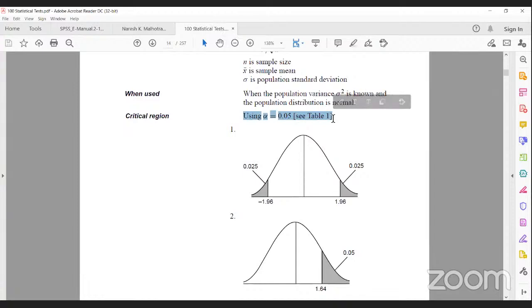How you define the confidence interval and level of significance is based on this. See, 1.96 covers nearly 95 percent. So what we are doing with the normal distribution is using 1.96 with the different standard deviations.